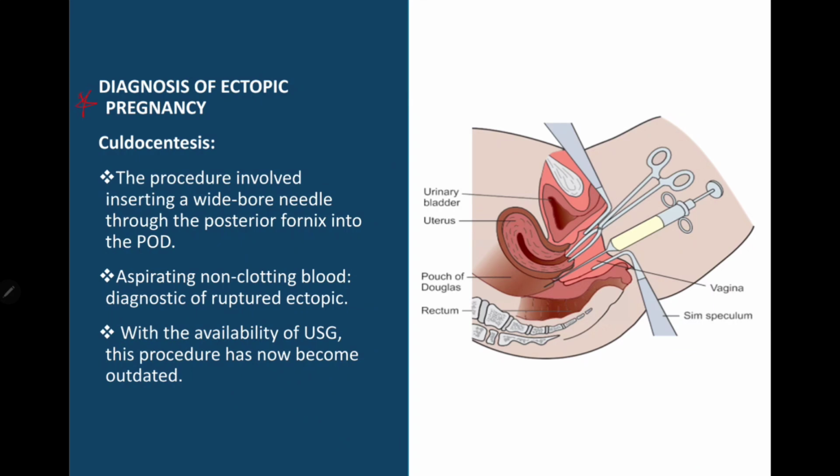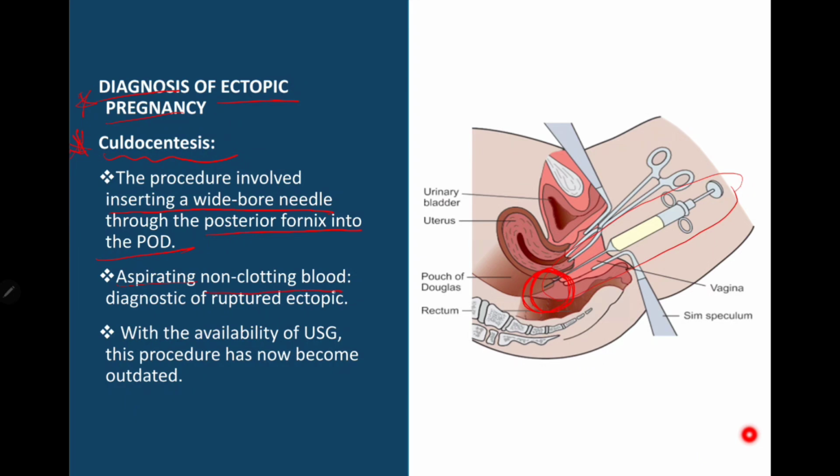Now let's look at the diagnosis of ectopic pregnancy. How are we going to diagnose ectopic pregnancy? First is culdocentesis. What is culdocentesis? Basically we put a needle in the pouch of Douglas and remove all the blood that has collected there after rupture. The procedure involves inserting a wide bore needle through the posterior fornix into the pouch of Douglas.